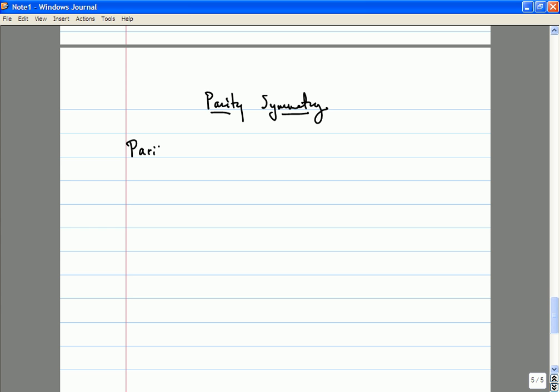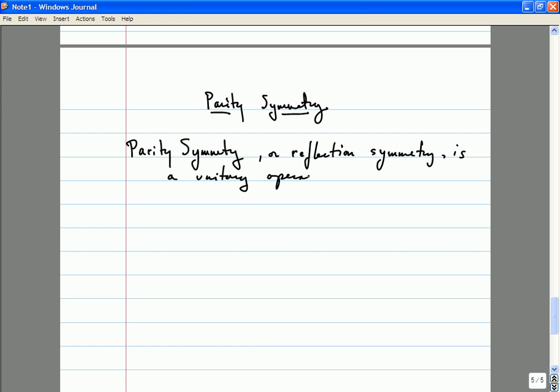The parity symmetry, or reflection symmetry, is a unitary operator pi. People sometimes call it P, but I'll be using P later on in this class for something else, and I guess we also use it for momentum. So it's the unitary operator pi.